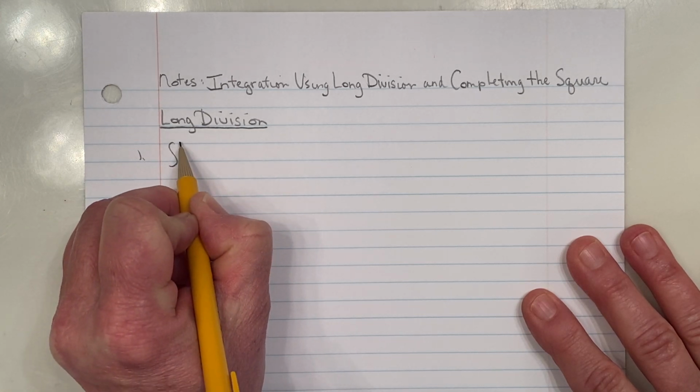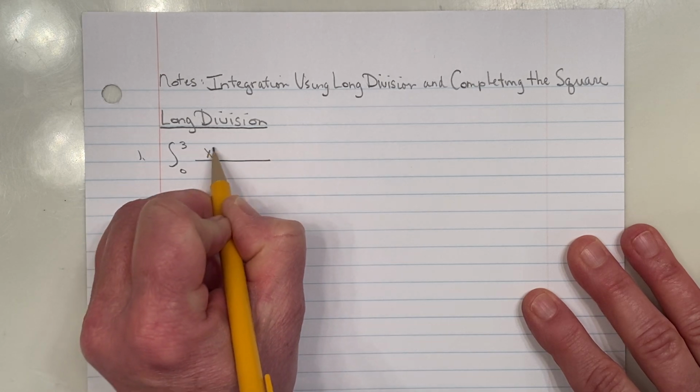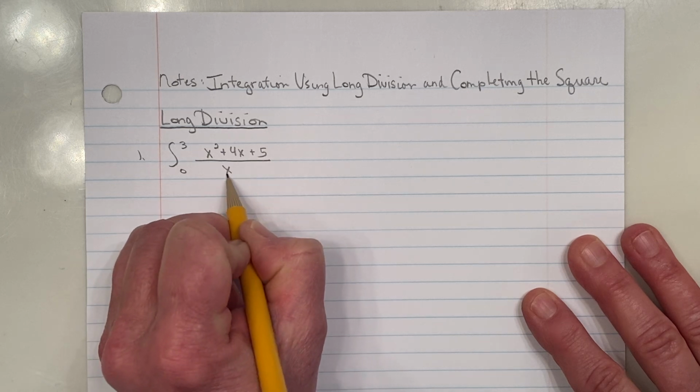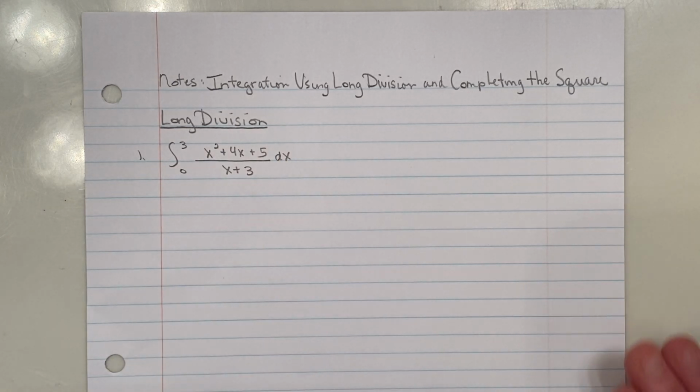So let's look at the definite integral from x equals 0 to x equals 3 of this rational function. Oh, let's not forget the dx. All right, so this problem appears and we've got to begin to think about that integrand and how I am going to integrate that.